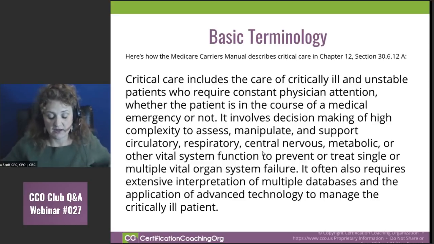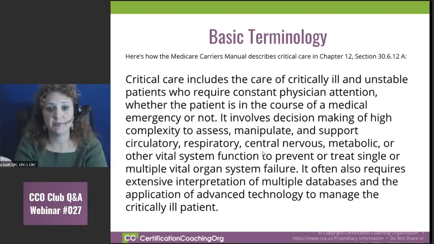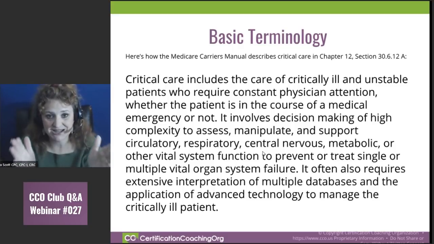So when the provider comes in, and let's use an example of a patient that's in ICU, they're not going to be looking at more than one patient. No, it's one patient and that's it. Their complete focus is on that patient, whether it's an emergency or not.